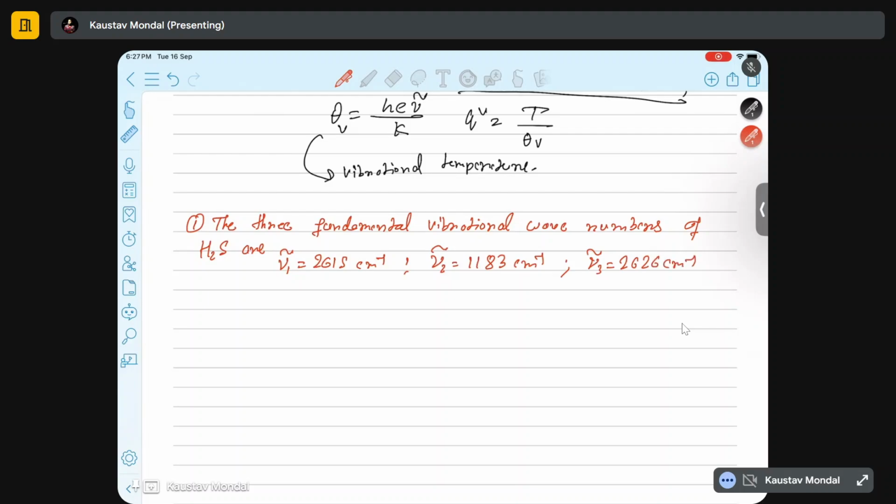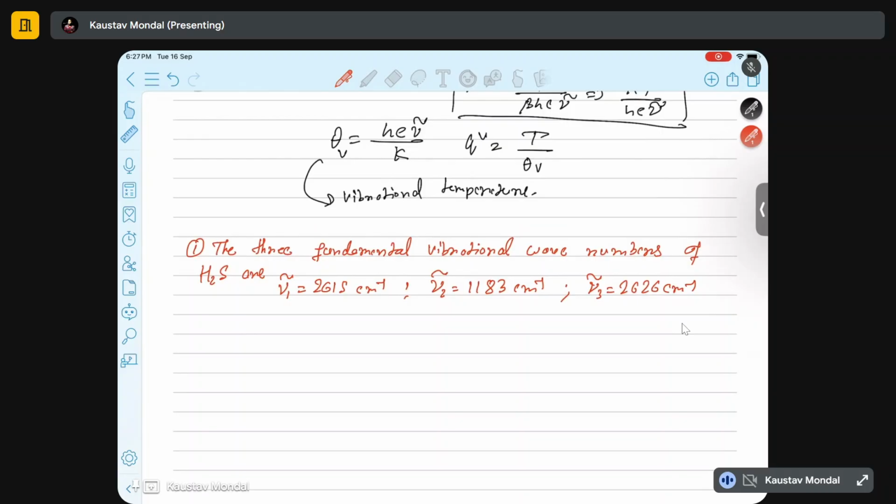So these three are basically the vibrational wave numbers. Now, given these three fundamental vibrational wave numbers of H2S, we will evaluate the vibrational partition function QV.